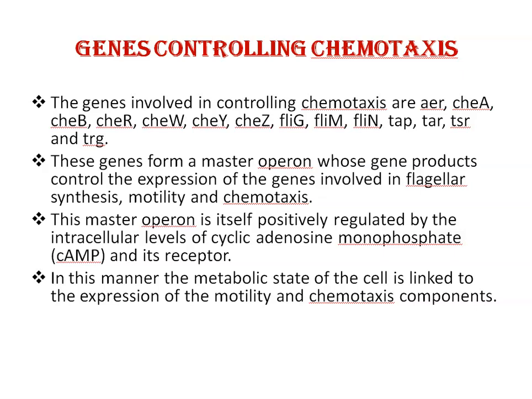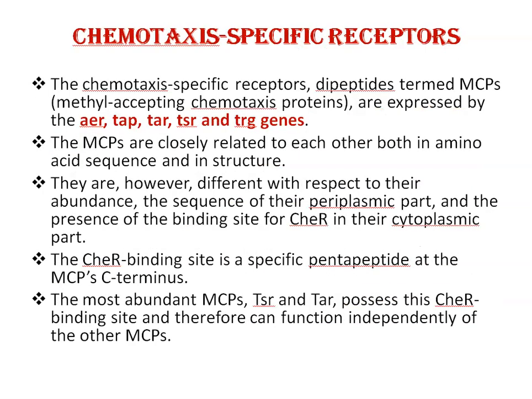This master operon is itself positively regulated by the intracellular levels of cAMP, meaning cyclic adenosine monophosphate, and its receptor. In this manner, the metabolic state of the cell is linked to the expression of the motility and chemotaxis components. So first is chemotaxis specific receptors, right?